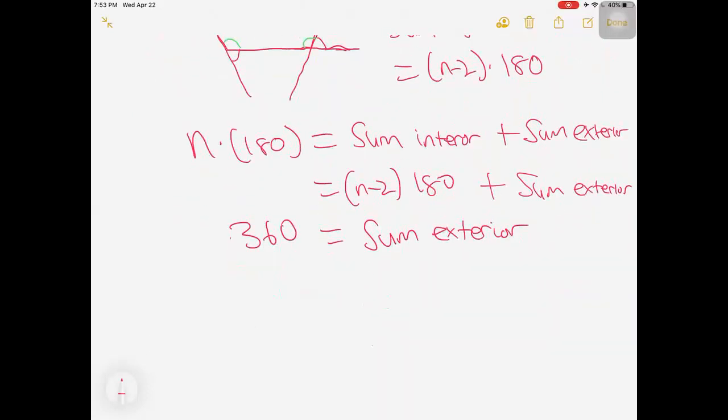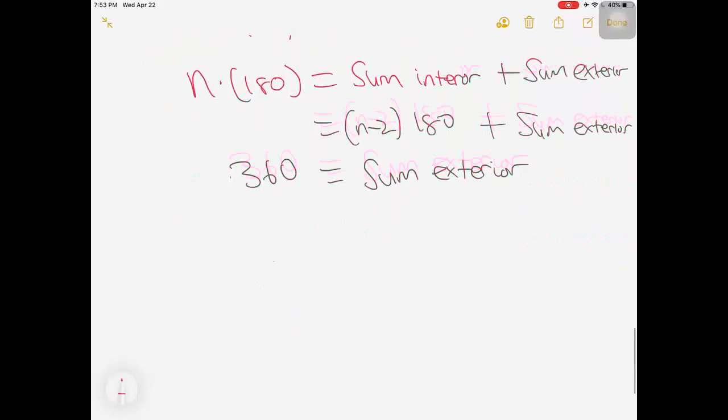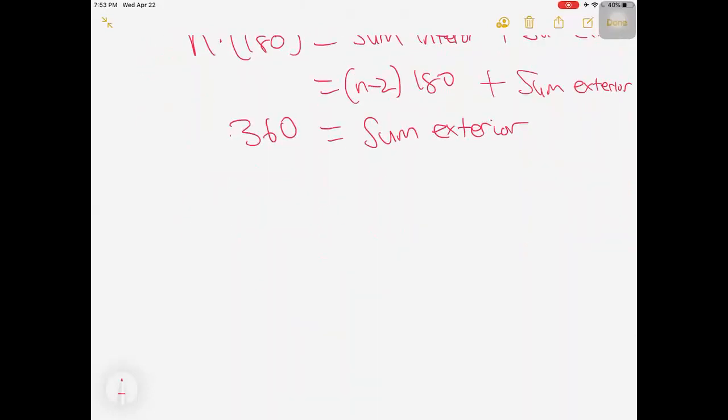There's also another method to prove this that's more clever. Let's just imagine we have a random polygon. Let's pretend a bug is standing on the side right here, and it's going to walk around the entire polygon.